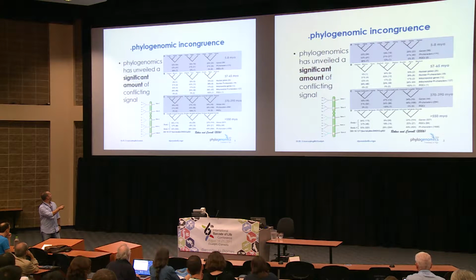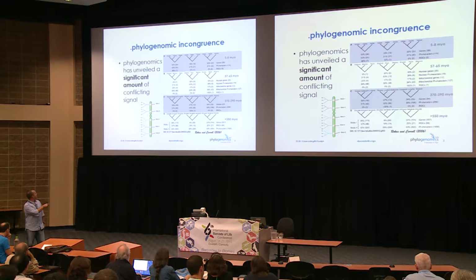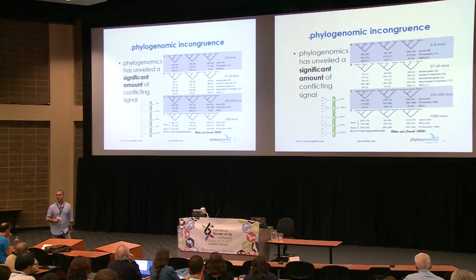This is the origin of tetrapods, the lampreys and coelacanth, and so on. Okay, it happens all over the place, okay? So the main idea is that if you analyze different genomic regions, okay, you might obtain different phylogenetic hypotheses. Okay? So the question is why?